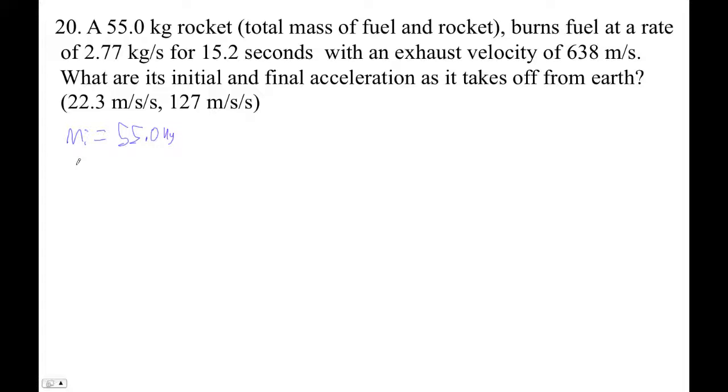And then it seems like the fuel mass is going to be this many kilograms per second, but that's going to be times 15.2 seconds. So let's figure that out. If you burn 2.77 kilograms every second for 15.2 seconds, you get 42.104 kilograms of fuel.